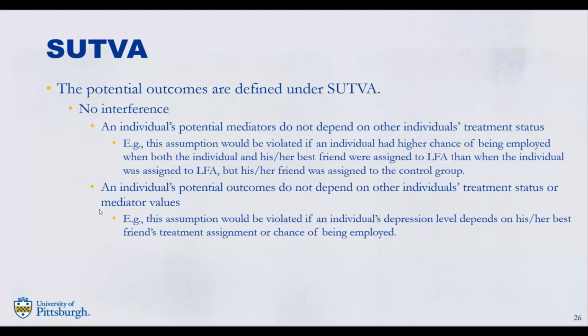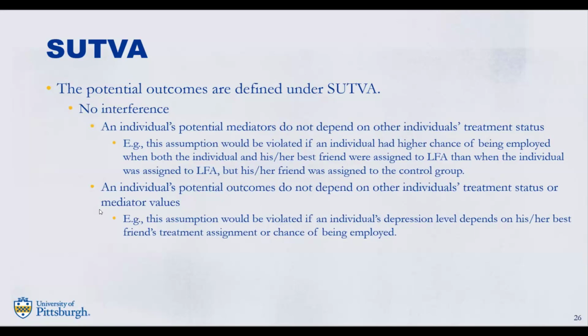So in this case, the potential outcomes would be defined in a more complex way. The potential outcome will not be defined only by the individual's own treatment status, but also other individuals' treatment status. So that would be much more complicated. It was discussed in the VanderWeele textbook and also Guanglei Hong's textbook.